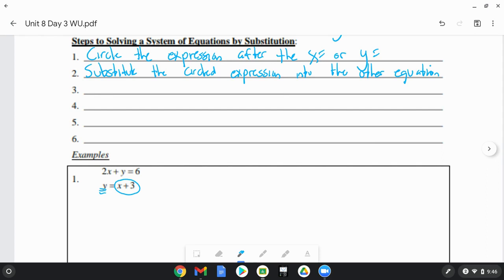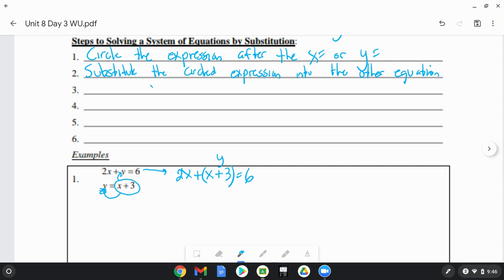Because it says y equals x plus 3, that means we're going to substitute x plus 3 in for y up above. We're going to take this circle and plug it in right there for y. So we're going to rewrite this whole top equation. Instead of writing 2x plus y, we write 2x plus x plus 3 that we substituted equals 6. So all we do is replace the y that's normally there from the get-go with this x plus 3. And the reason why is because right here it said y is equal to x plus 3. So we're going to do some substitution.